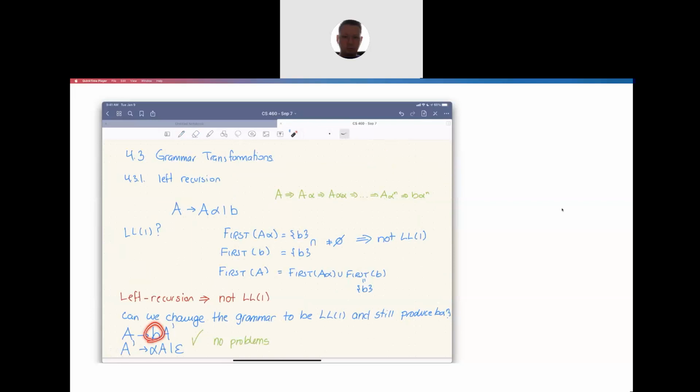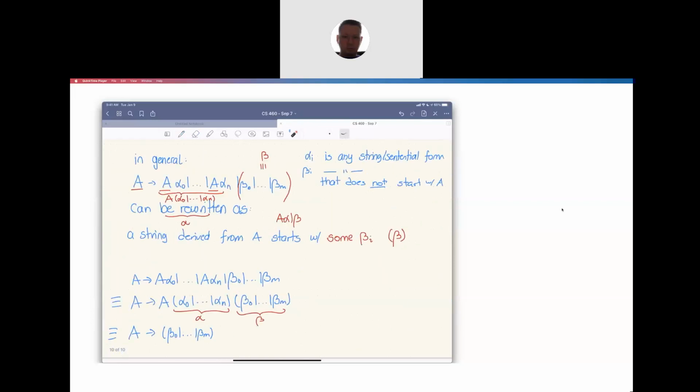because that's what we had from here. Started with the B, that was that guy, that's this beta thing, and then we need an A prime, and A prime is, well, it's just the alpha guys followed by an A prime or epsilon, which of course is equivalent to A goes to beta 0 A prime or dot dot dot beta m A prime.